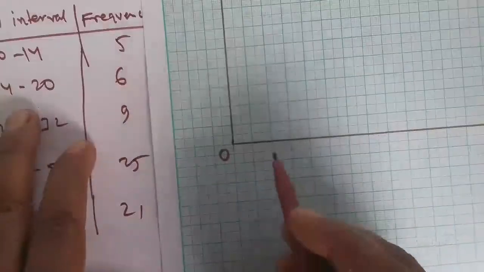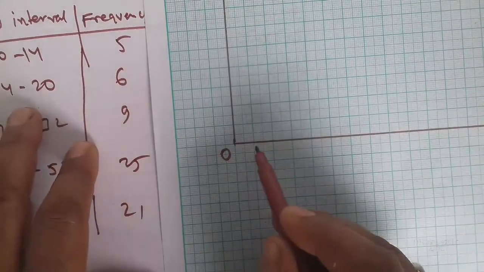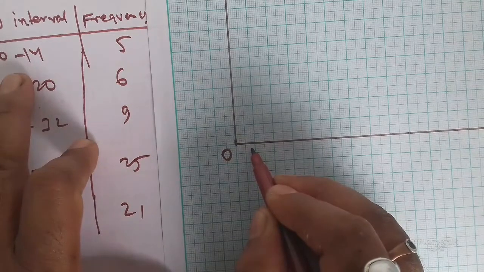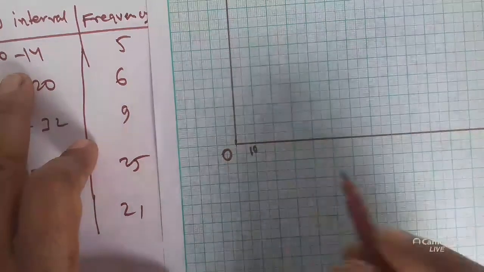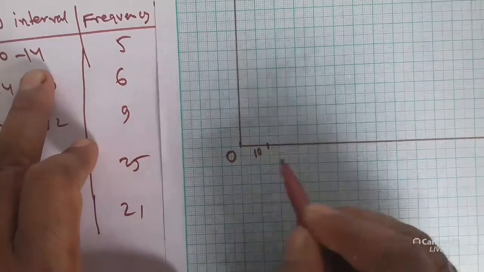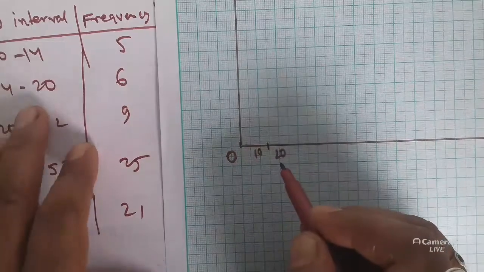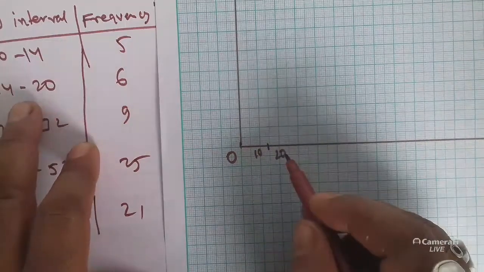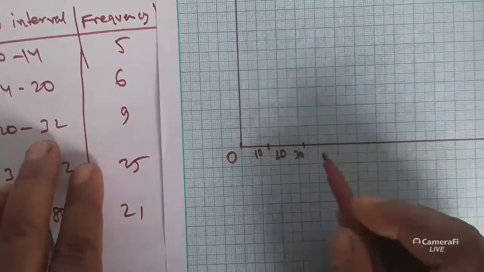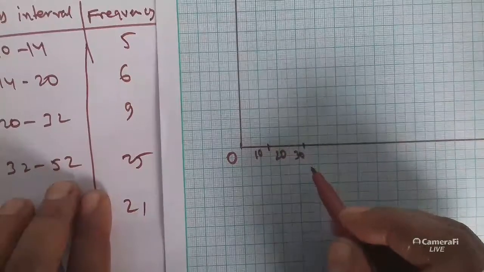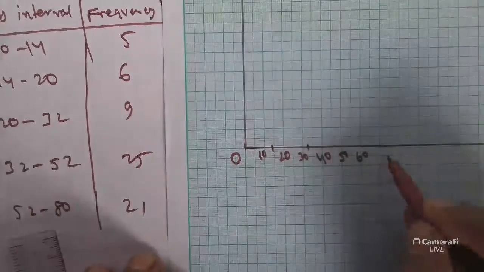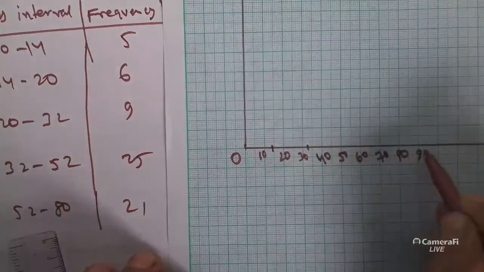If we take each unit along the x axis as 10, it will be 10, then 10 to 14, so 4 small lines is 14, then it is 20, then 14 to 20, then 20 to 32, it is 30, and it is 32, then 32 to 52, it is 40, 50, 60, 70, 80, 90.